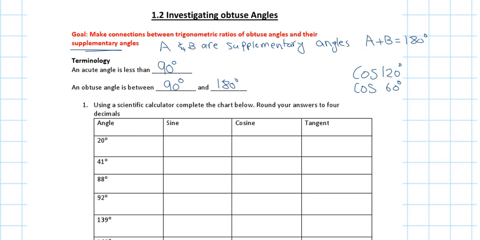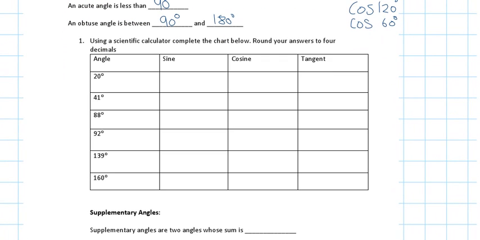Okay? So, we're going to fill this table together. What I need you to do is find the answer for sine 20, and write the answer to 4 decimal places. Okay, just 1 second. 0.3420.